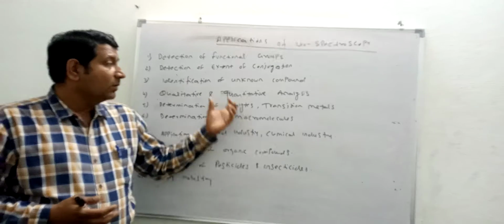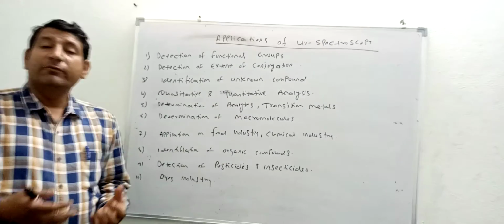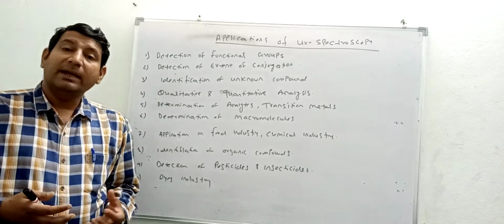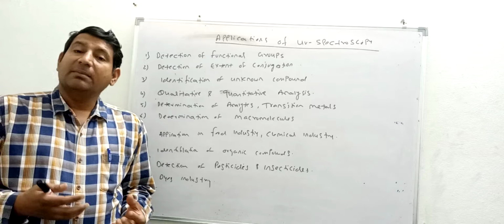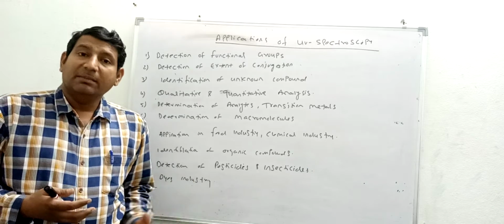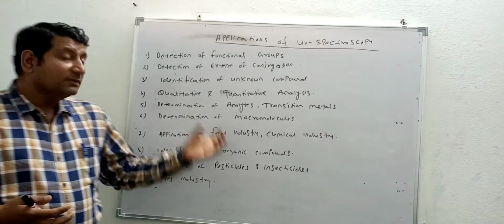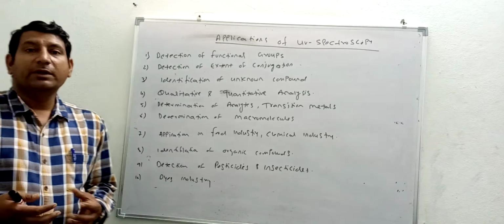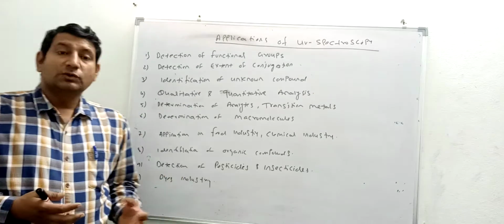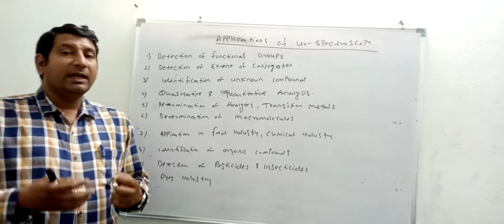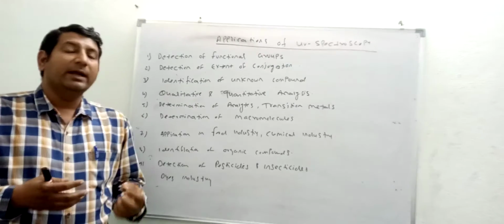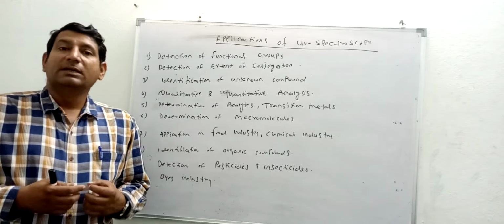Then quantitative and qualitative analysis. With the help of UV visible spectroscopy, we can determine the concentration of the sample by applying a simple mathematical formula, and we can also determine the percentage purity of the sample. So it is possible to do both qualitative and quantitative analysis of the sample.